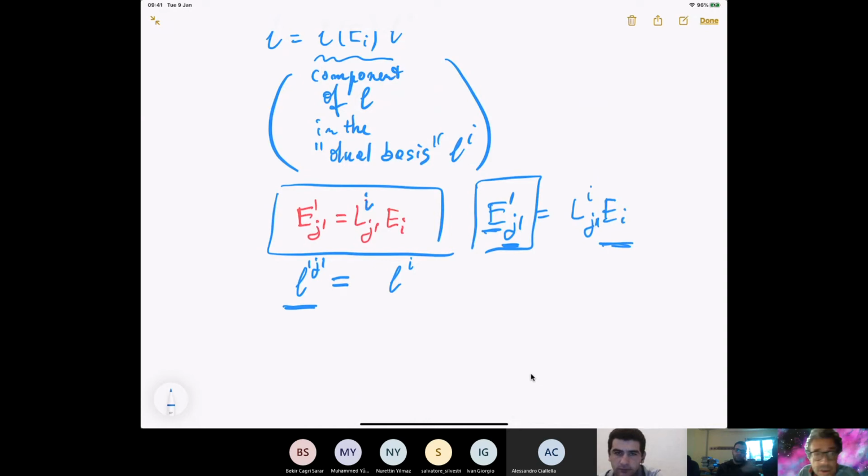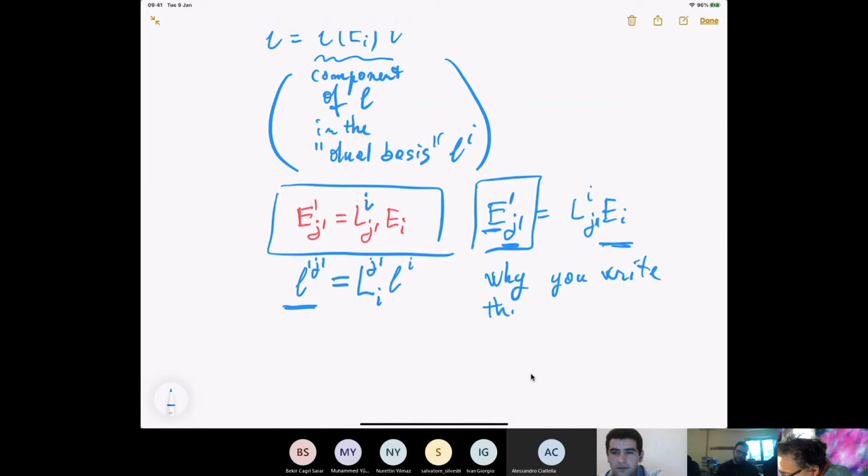Okay, if you have learned by heart the Levi-Civita rule, you will write immediately the formula, even if you are not understanding what you are doing. You write Lj prime I. Why? Why do you write this?